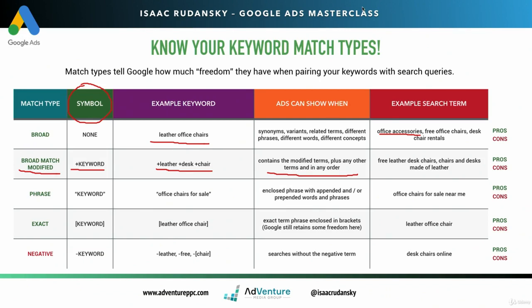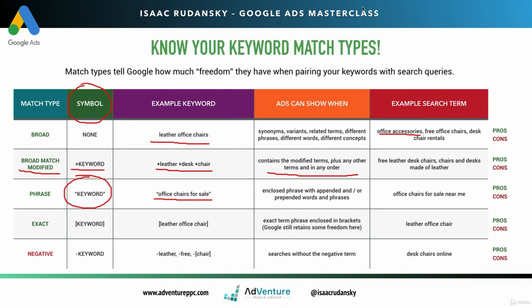Let's take a look at the next match type down, phrase match. With phrase match, you start getting a bit more control over the search terms that might trigger your ads. And that is done with quotation marks. You have a keyword in your account enclosed in quotation marks on both sides. So for example, we would put this in our account: office chairs for sale, with quotation marks. Ads can show when the enclosed phrase, with words and phrases appended or prepended or without, is in the search term.